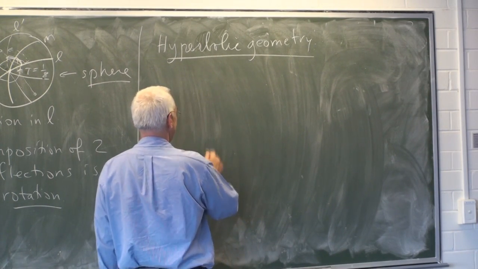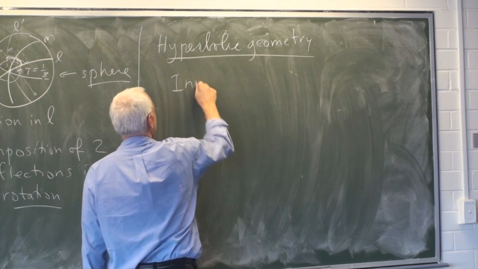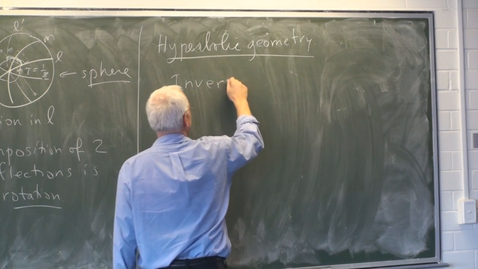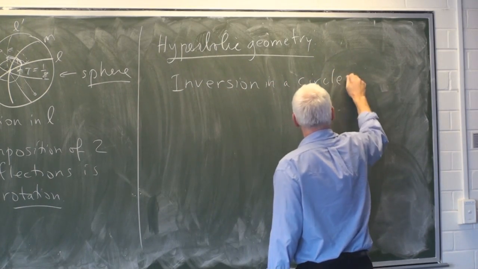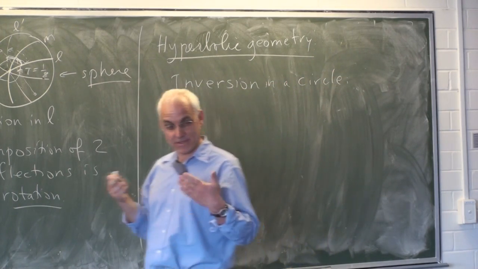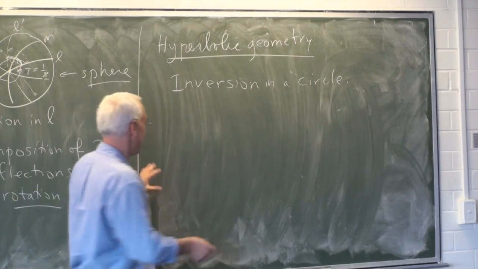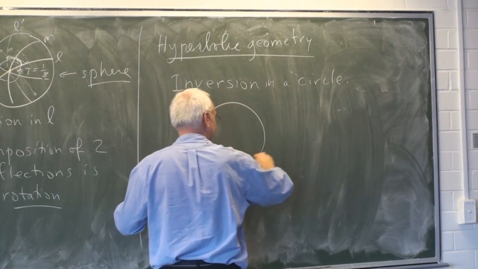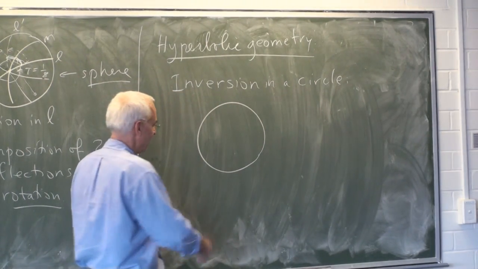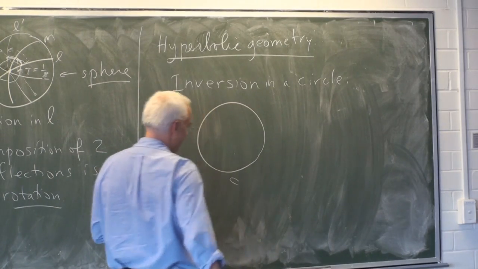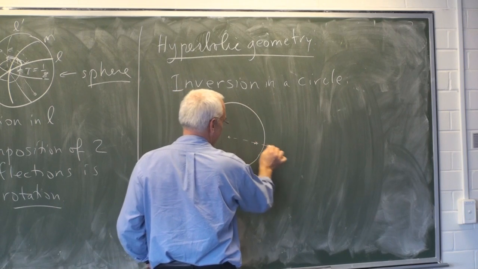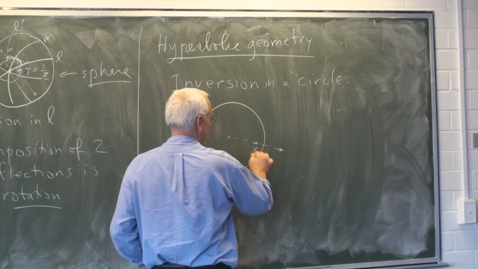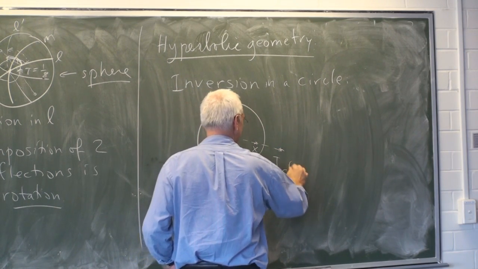inversions in circles. Recall that when we were talking about the sphere, we talked about the inversive plane. Remember that? We had a circle, and we had the idea of inverting in a circle, which sent a point here to another point over here. So x goes to, say, I_C of x.